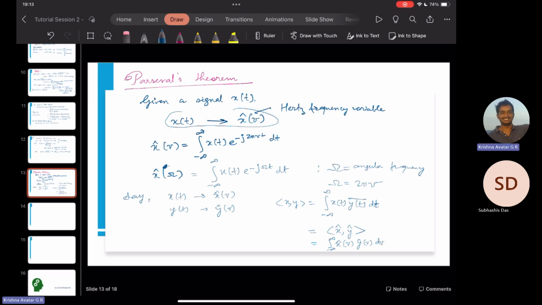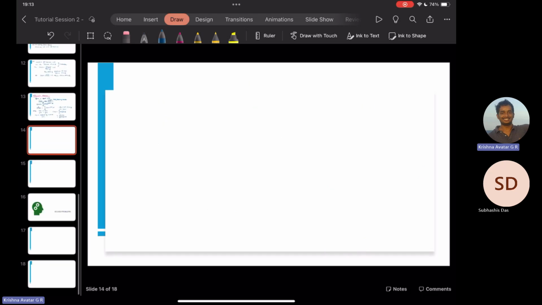It follows from Parseval's theorem that the inner product between two vectors or two signals remains the same no matter which space you express it in. It simply says that x dot y is independent of coordinate system.